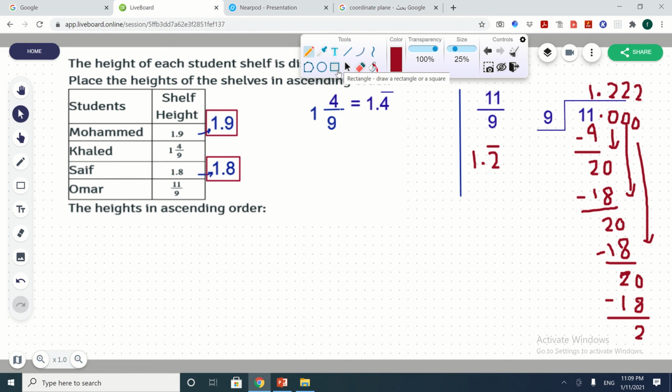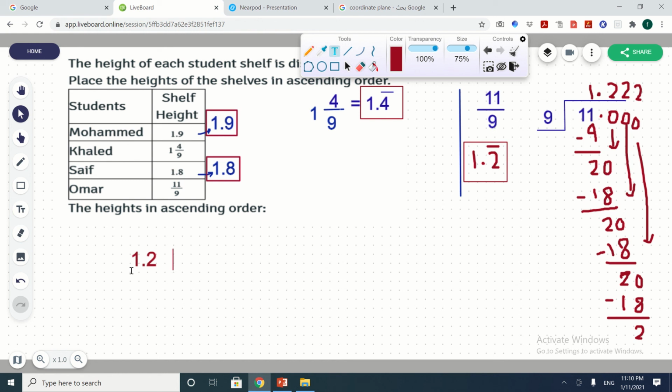Now I have 4 numbers. I have this one, this one, this one, and this one. They want us to put them in order. I arrange them from smallest to biggest, in ascending order. Which number is the smallest one? 1.9, 1.8, 1.4 or 1.2? 1.2 is the smallest one.